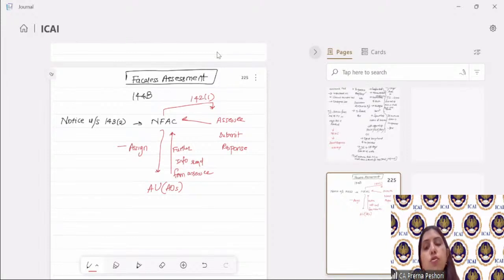So NFAC will issue the notice to the assessee for asking them to give the information, documents or evidence required by the assessment unit.